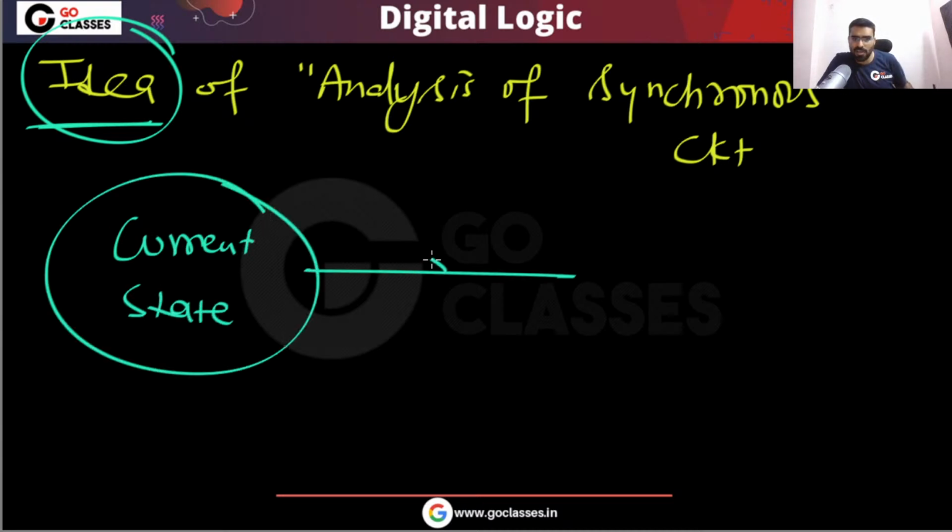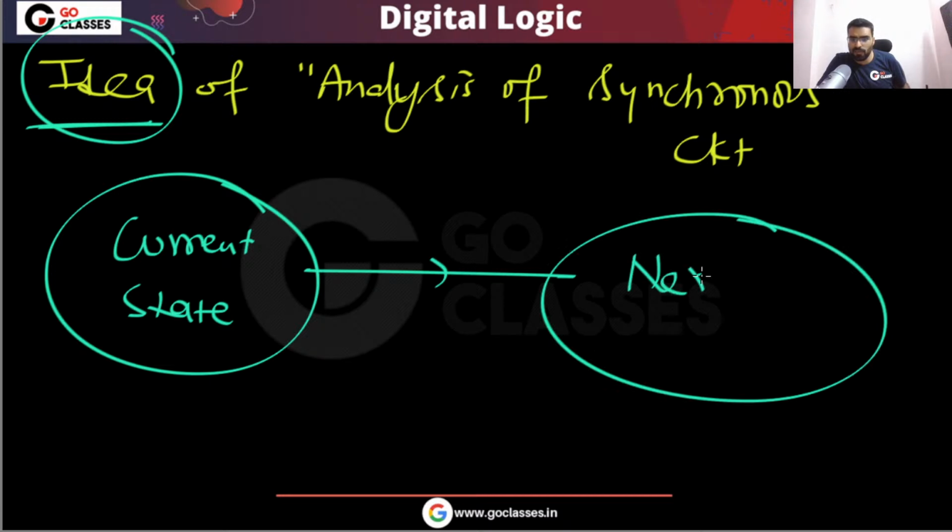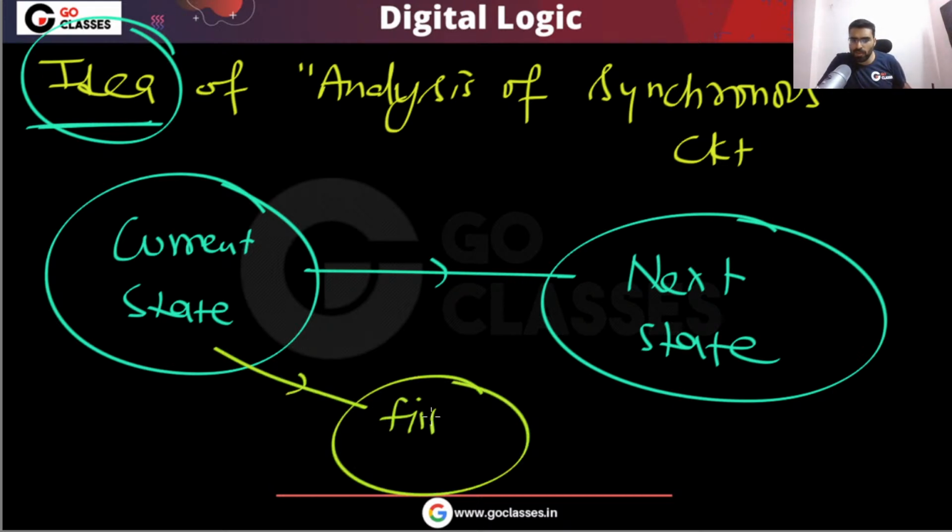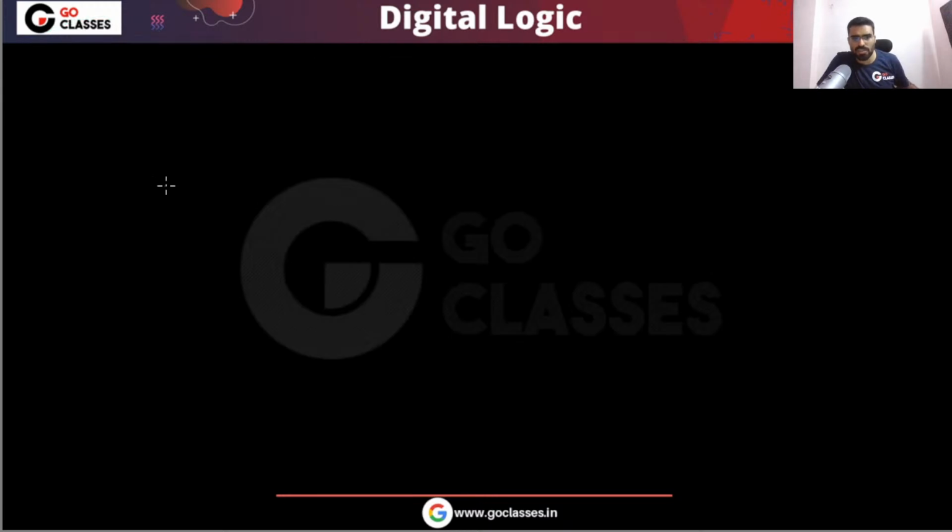From this current state, what will be your next state? This is what we have to find out. And how to do that? Very simple. First you will find out what your flip-flop inputs are, and then from that you will find out the next state. Once you understand this idea, you can solve this question very easily.